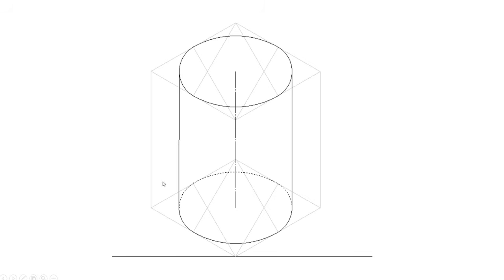All other lines which are used for the construction of this square prism, and these cross lines also, all those lines would be thin lines. Only you want to use dark lines for this top face, this base, and in that this should be dotted line, and the tangent also should be a dark line.